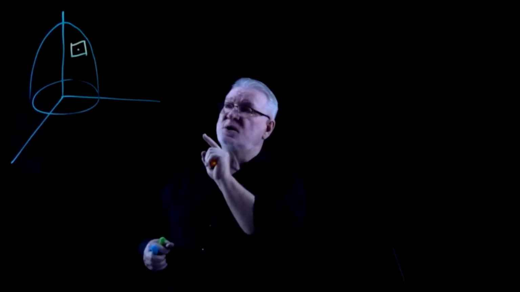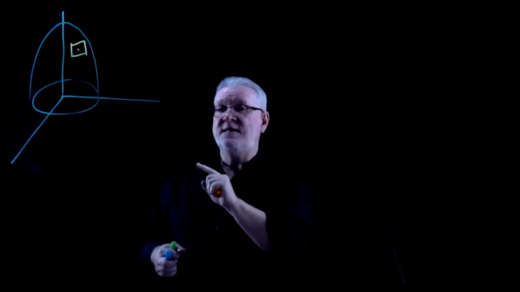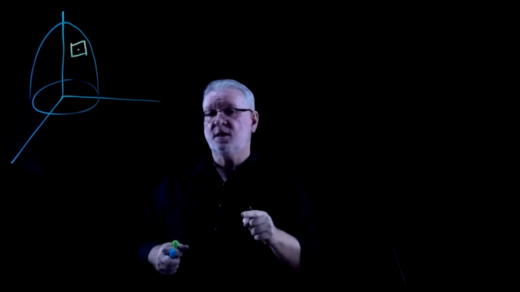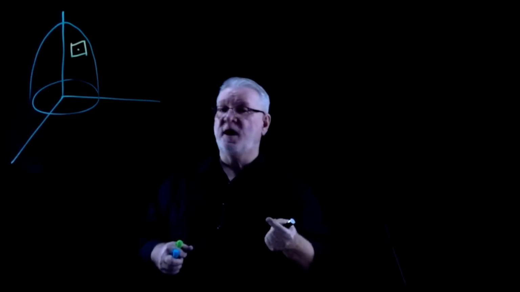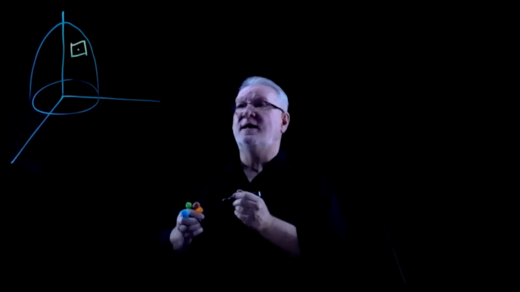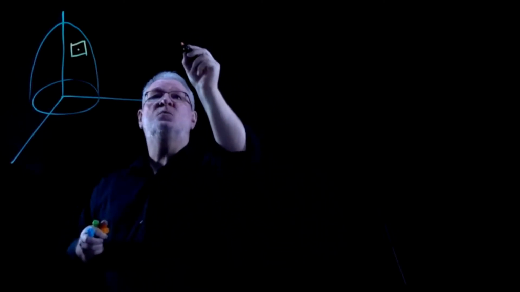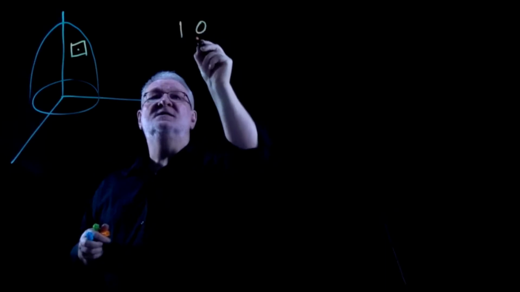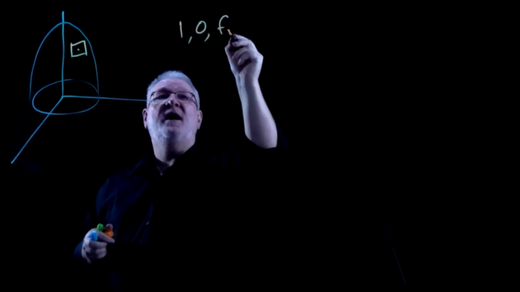Recall that we actually located the plane tangent to a point on the surface. We actually located that by taking the cross product of two vectors found from partial derivatives. If you'll recall, they look like this. The first one was 1, 0, fx.